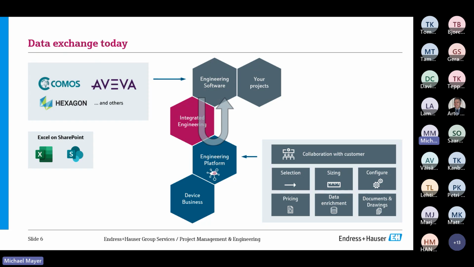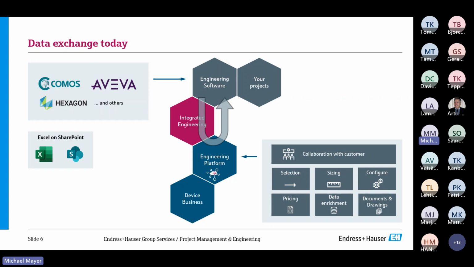What does our engineering platform do with that data? So basically, this collaborative platform, we use it to do a device selection. So what's the proper instrumentation for your issue that you want to solve in your process? The sizing.